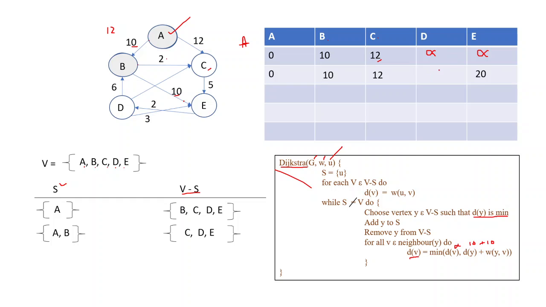Now we still don't have a path to D, therefore we consider this as infinity.